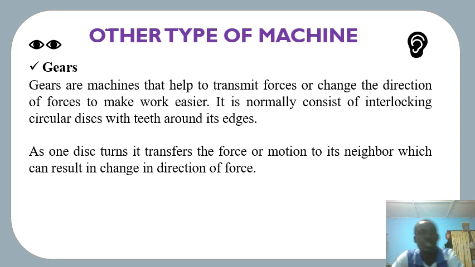Then we have the gears. Gears are also machines that help to transmit forces or change the direction of forces to make work easier. They normally consist of interlocking circular discs with teeth around their edges. As one disc turns, it transfers the force or motion to its neighbor, which can result in a change in the direction of the force.